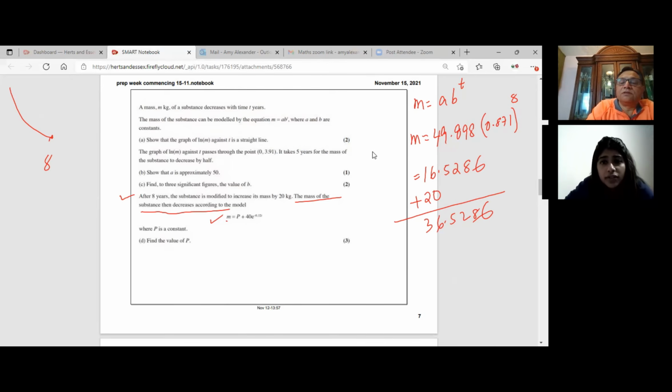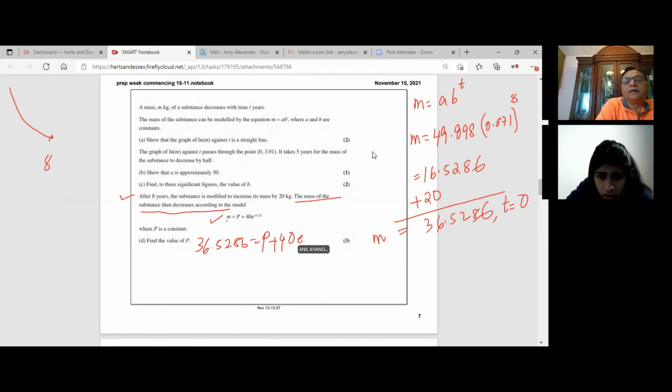At this time we have started a new series and we take T equals 0, correct? So we have 36.5286 equals P plus 40 e to the power of minus, what is this?